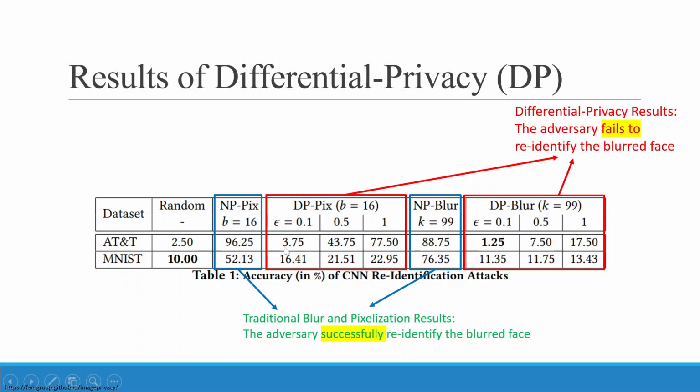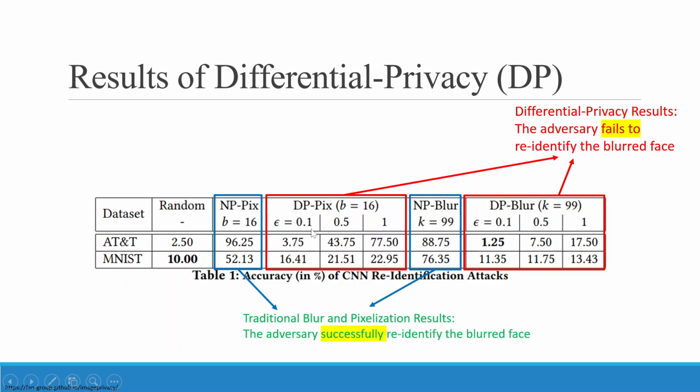And if we apply the differential privacy here, you can see it has a very dramatic drop from this very high successful accuracy to a very low value.